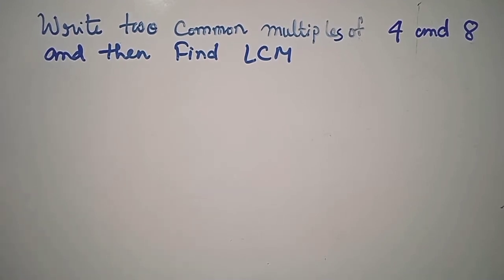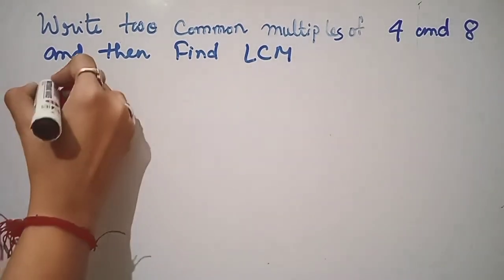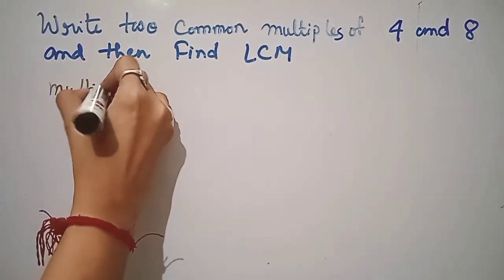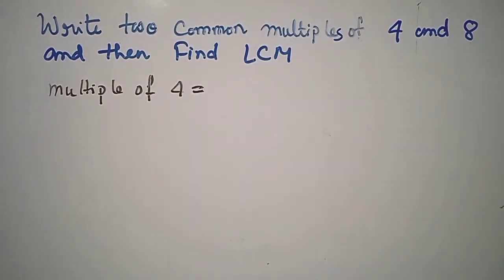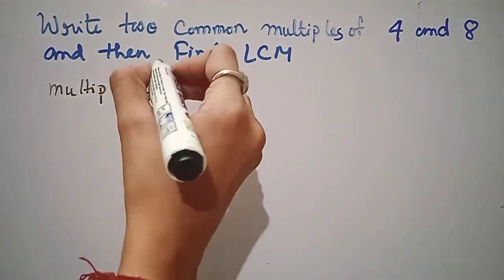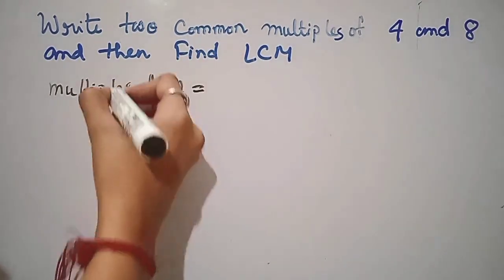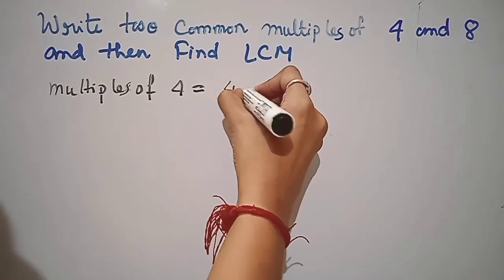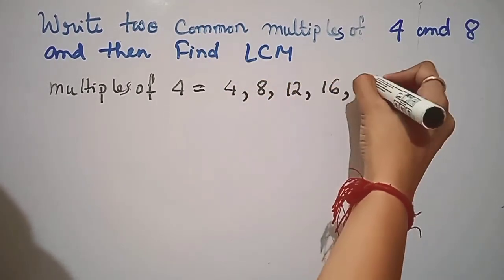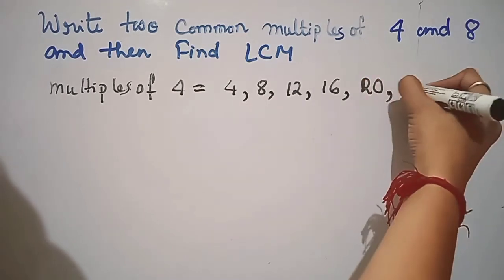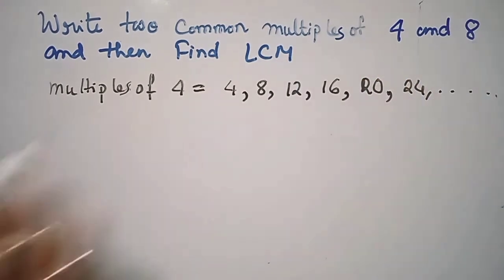First we have to write the multiples of 4, that means we have to write the table of 4. So the multiples of 4: 4 ones are 4, 4 twos are 8, 4 threes are 12, 4 fours are 16, 4 fives are 20, 4 sixes are 24, and so on.